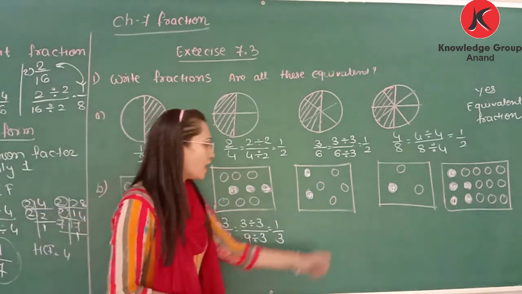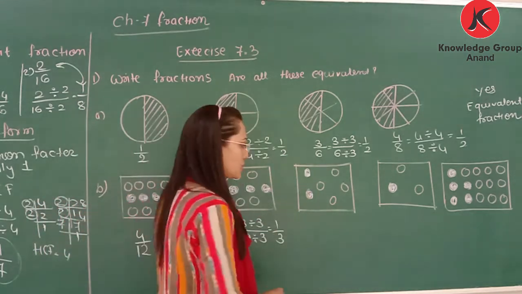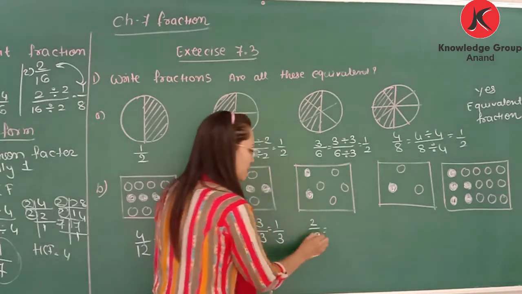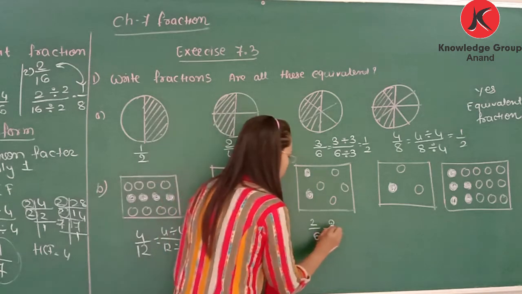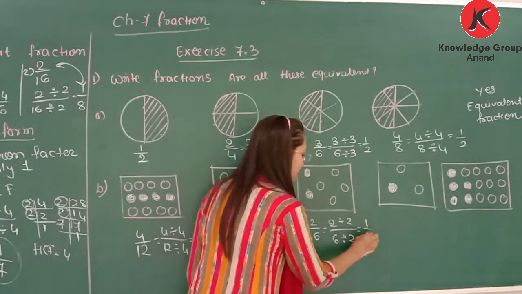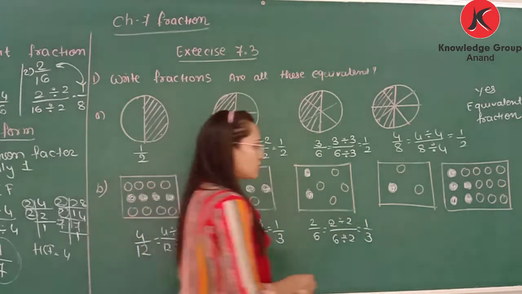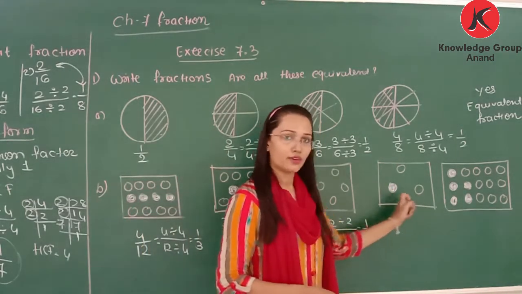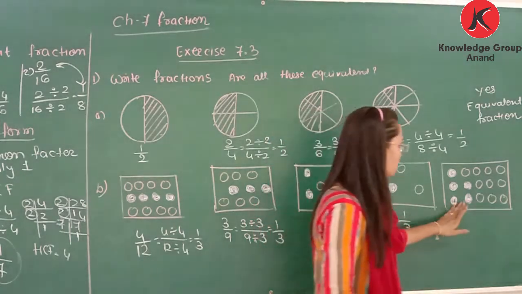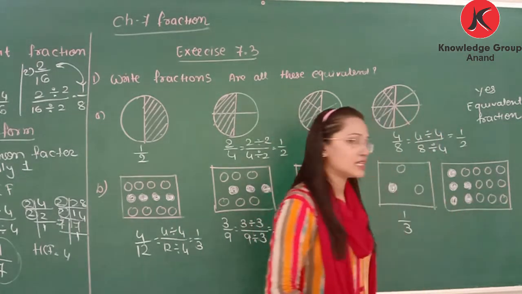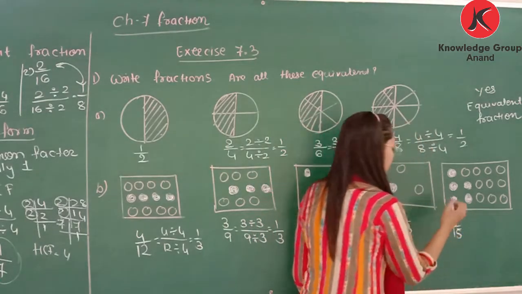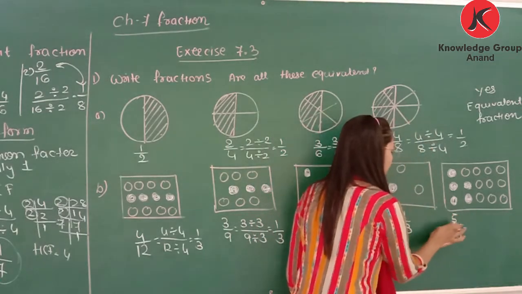For the next one, how many total circles? 6, and 2 circles are shaded. Now each number is divided by 2, so we get 1 by 3. For this figure, 3 circles are given and 1 is shaded, so we can write 1 by 3. Now for this figure, a total of 15 circles are given and 5 are shaded. So we can write 15 with numerator 5.